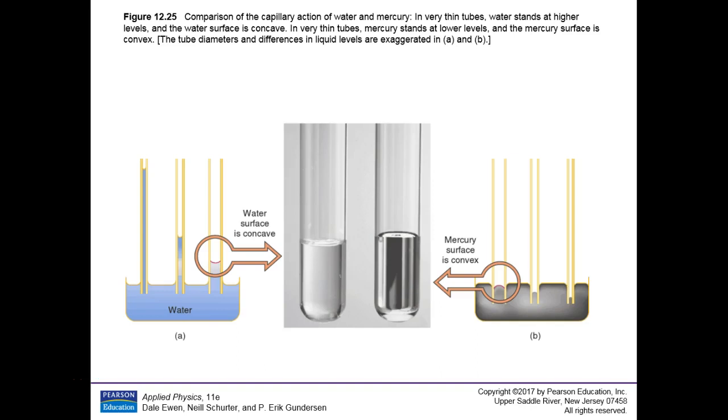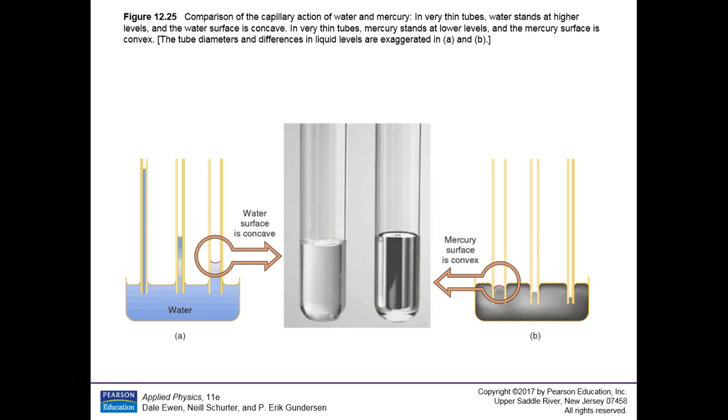On the other hand, you sort of have the reverse happening when you have a material that does not adhere to the glass. And one of these materials is mercury. Mercury hates being close to the glass. It has absolutely no adhesion at all.